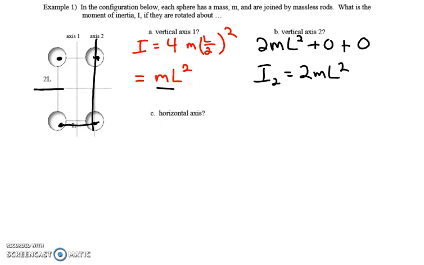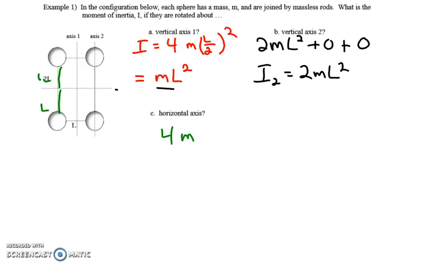Now, in the last one, we choose our axis to be right through there. So imagine these guys going tumbling head over heels around that axis. Well, what's different in this case versus the first case is that we're further away. From here to here is L, and from here to here is also L. So it's going to be the same for all of them. So we have, again, 4 of them that are each L away.